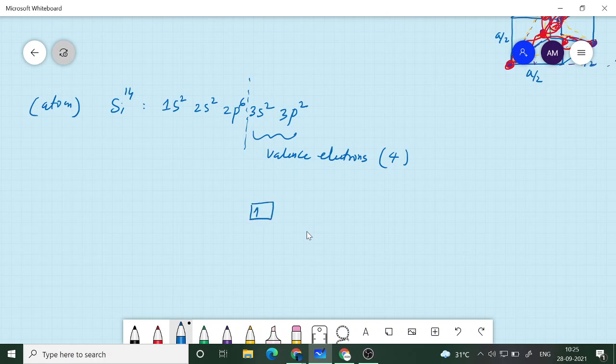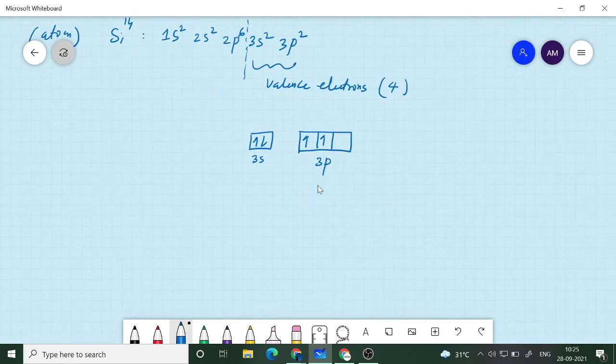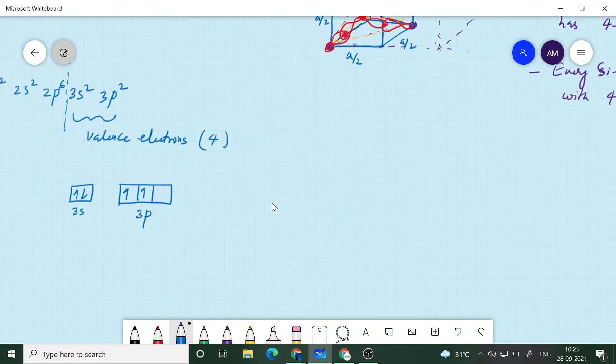So earlier it is like this. This is our 3s orbital, and then you have 3p orbitals, one like this and one like this. So this was our 3s and 3p valence shell, with electrons occupying like this. But when you bring these atoms near each other and they form the crystal, they will get hybridized.